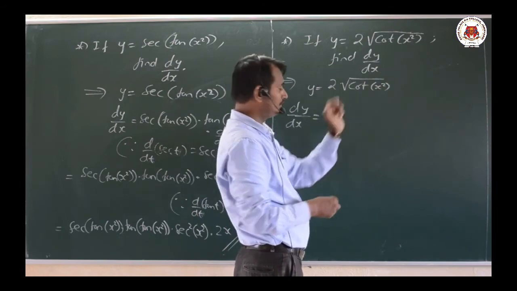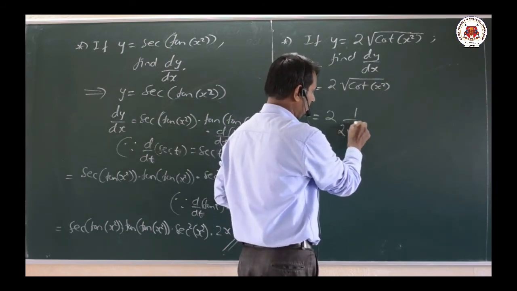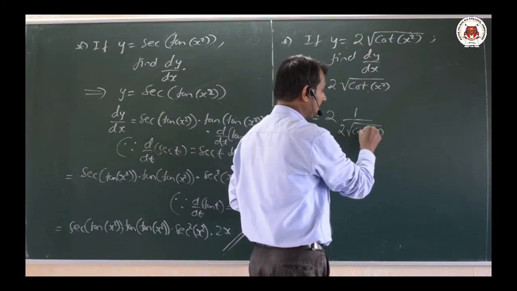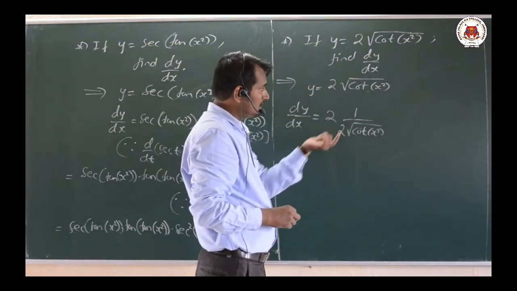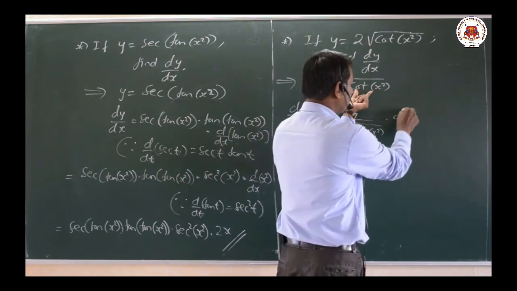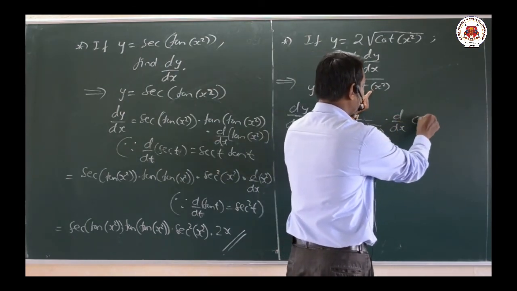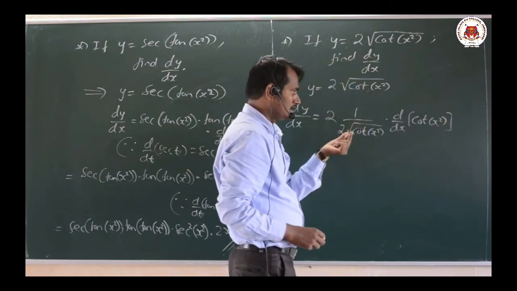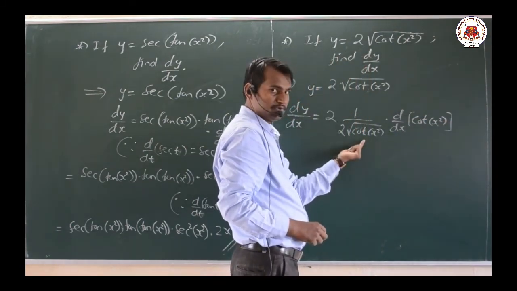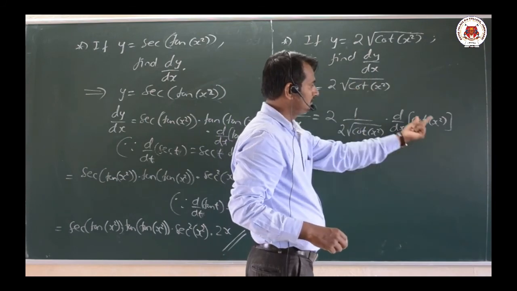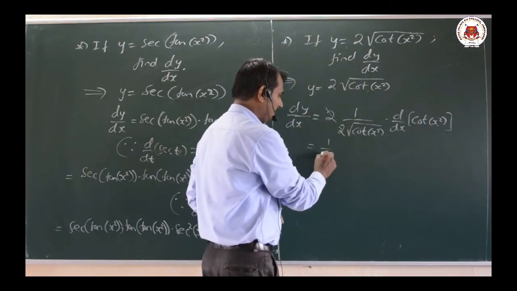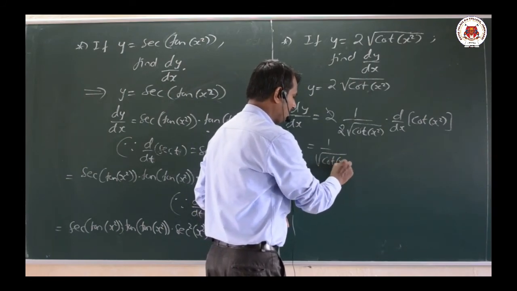Root differentiation is 1 by 2 root of anything, that is cot of x square. Further differentiation of this whole part into d by dx of cot of x square. First of all root differentiation is this one, then inside the value it is the function we have to solve. Here the 2 gets eliminated: 1 by root of cot of x square.